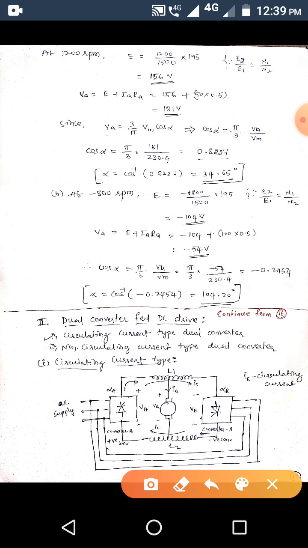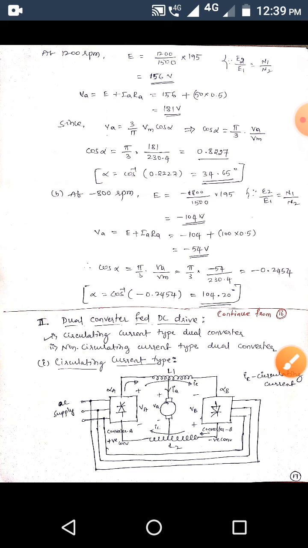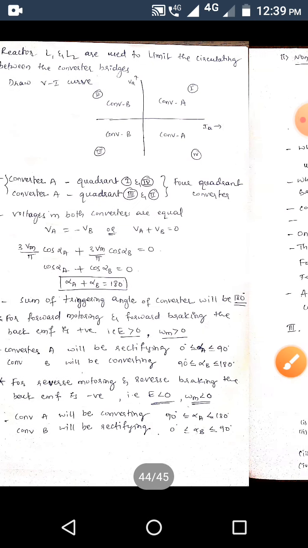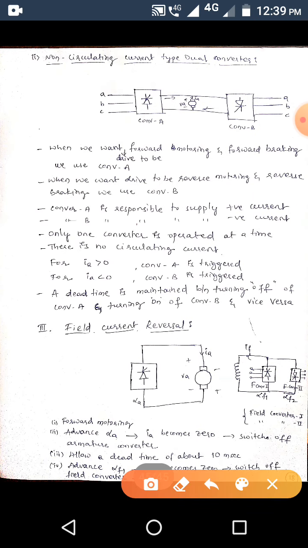Similarly, we will see how the non-circulating current type dual converter works. So this is the non-circulating current type dual converter. Here we cannot connect the supply voltage of converter A and converter B together.